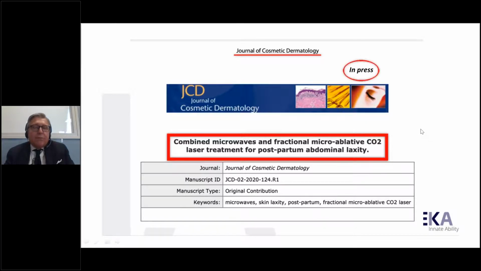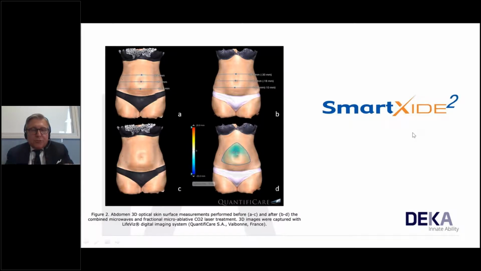In the case of postpartum abdominal laxity with a lot of stretch marks in the skin, we prefer to combine the two. You see here the 3D measurement with the Quantifier, one of the modalities that we have in our clinic.